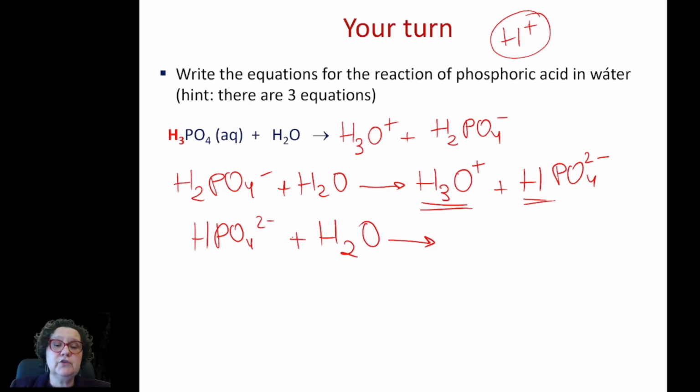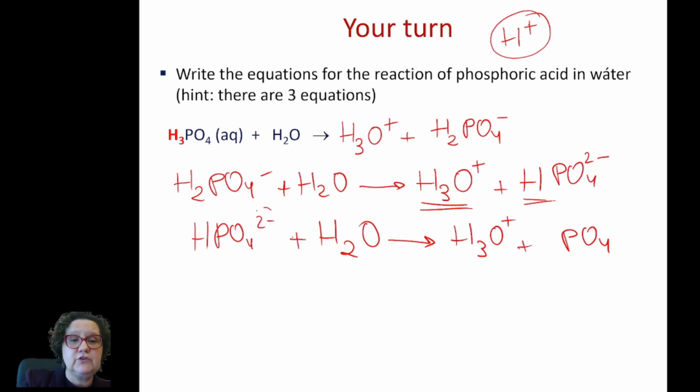With another molecule of water, it accepts the hydrogen ion, so it becomes positively charged, H3O plus, the hydronium ion. And what do you have left behind? Well, you have the PO4 that hasn't changed. You have two negative charges from before, plus one from the electron that the third hydrogen left behind when it left. So now you have three negative charges, and that is the phosphate anion.